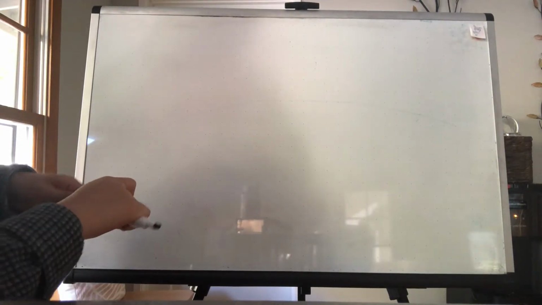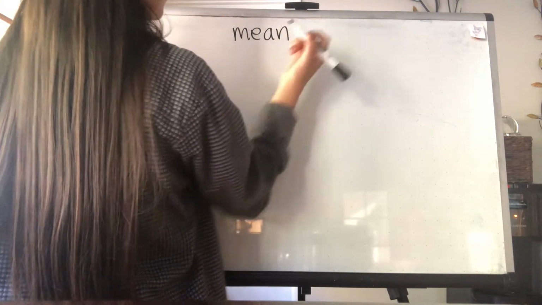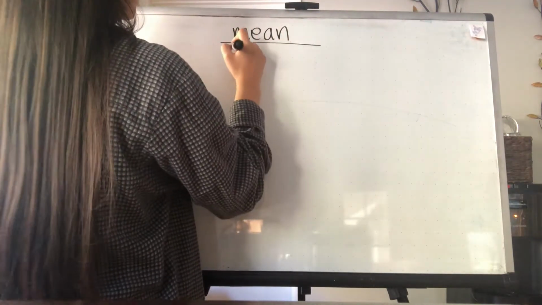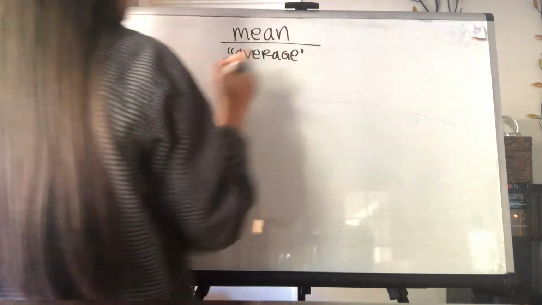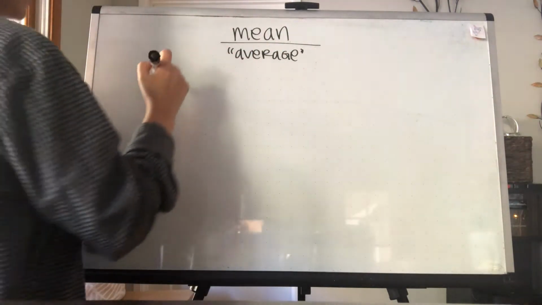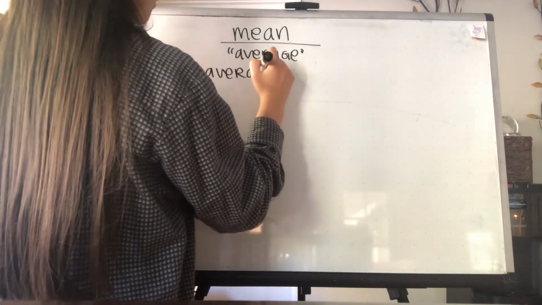Okay, so first we're gonna start off with mean. And mean is pretty much the same thing as an average. And so the definition is the average of all the number values in a set.